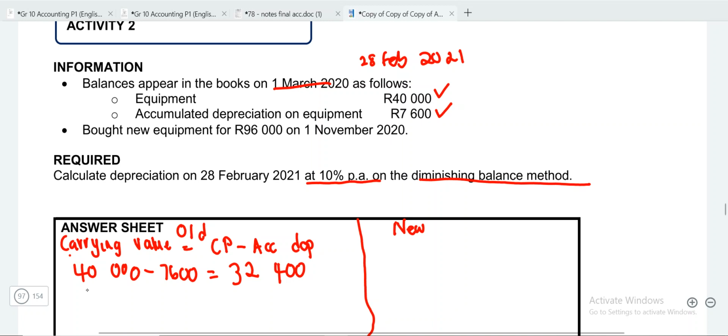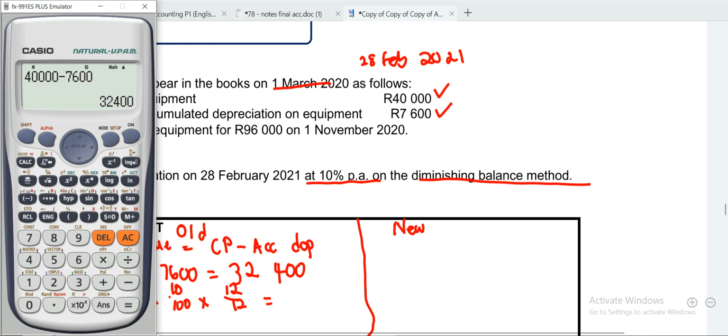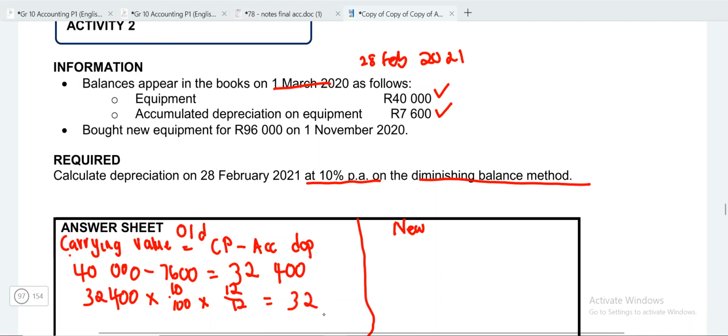So we're going to say 32,400 multiplied by 10 over 100 multiplied by 12 over 12. It's going to give you 3,240. So our depreciation for this asset is 3,240.